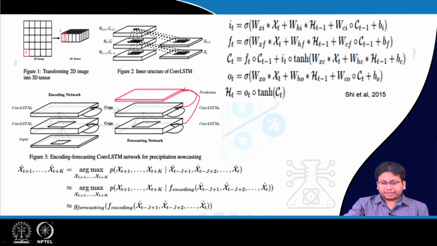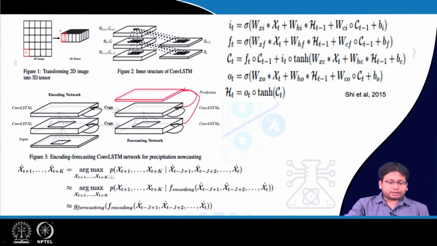The input x, instead of being a vector or a matrix, now becomes a spatial map on which the convolution operation takes place, and the w's, instead of being ordinary weight matrices, are now turned into convolutional kernels. So the way the whole thing works is as follows: we have an input sequence, and it is fed to this convolutional LSTM one step at a time.